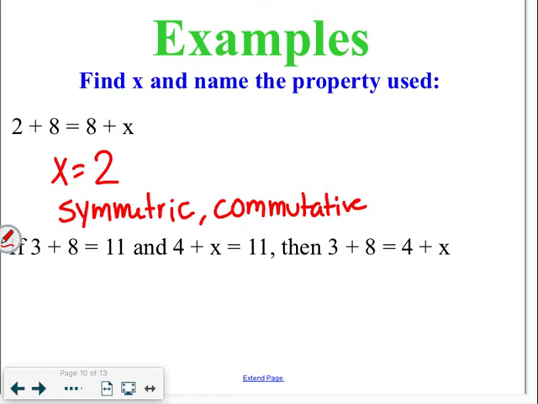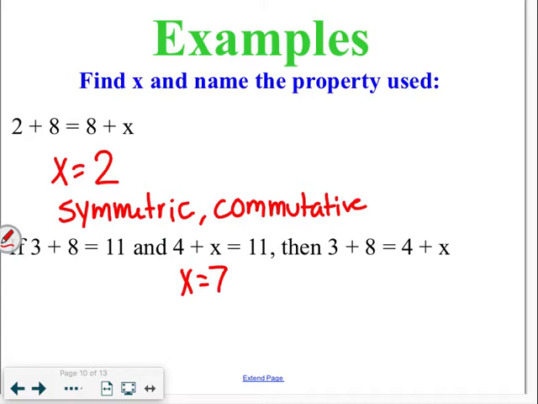This next one, if 3 plus 8 is equal to 11 and 4 plus x is equal to 11, then 3 plus 8 is equal to 4 plus x. So we know that we need this x to get us to 11. 4 plus 7 gives us 11.